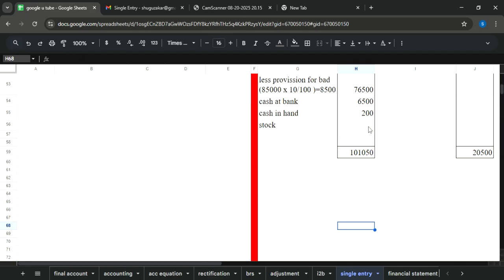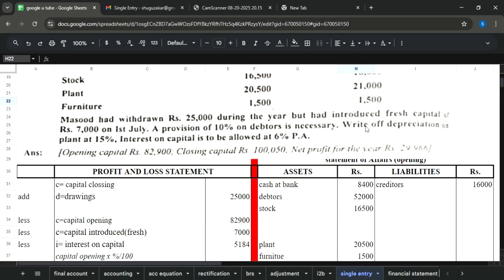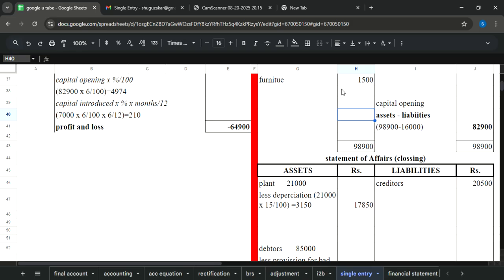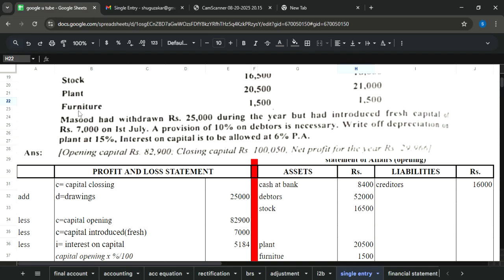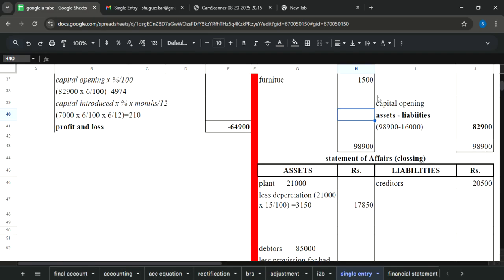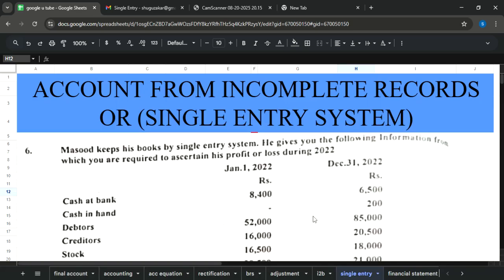Write down in the closing asset side. Stock is done. Then we have plant 21,000. I think we have already written. Look at here in closing 21,000 because its adjustment was present. After that furniture 1,500. This is also a fixed asset. So you will choose the closing fixed asset side. Amount was 1,500. So this was your last asset.